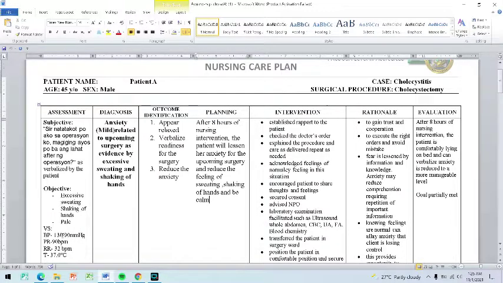Then supported with vital signs: BP 130/90, pulse rate is 90 beats per minute, respiratory rate is 32 breaths per minute, and the temperature is 37.0 degrees centigrade.